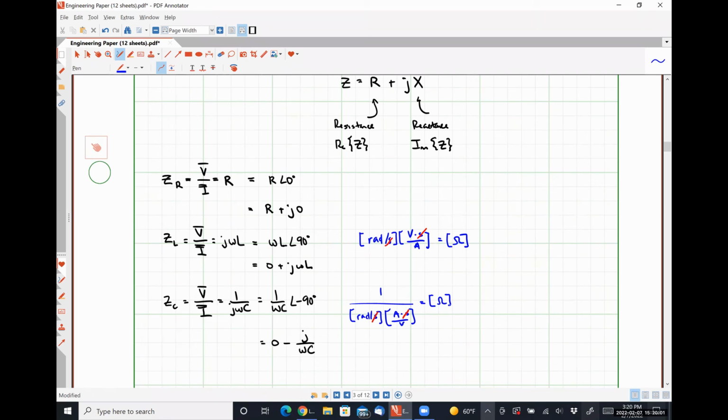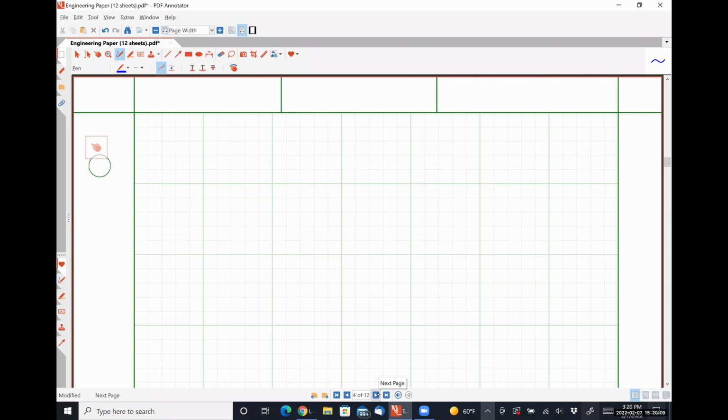All right, so let's use these impedance relationships and talk about actually solving circuits in the frequency domain. I don't have my notes from Friday in front of me. Could you guys tell me what the circuit was that we analyzed?